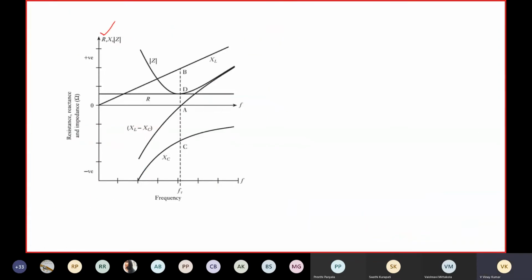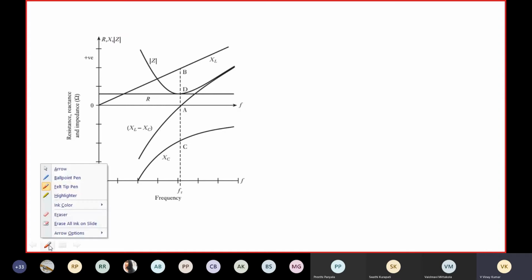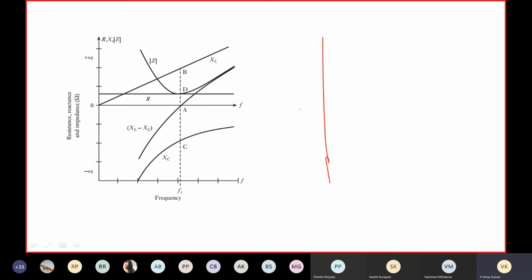You can draw resistance, reactance, impedance with respect to frequency. Resistance versus frequency.